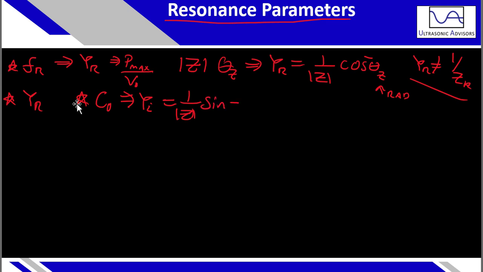And now the sign matters, of the negative impedance phase, and that gives you the imaginary admittance.